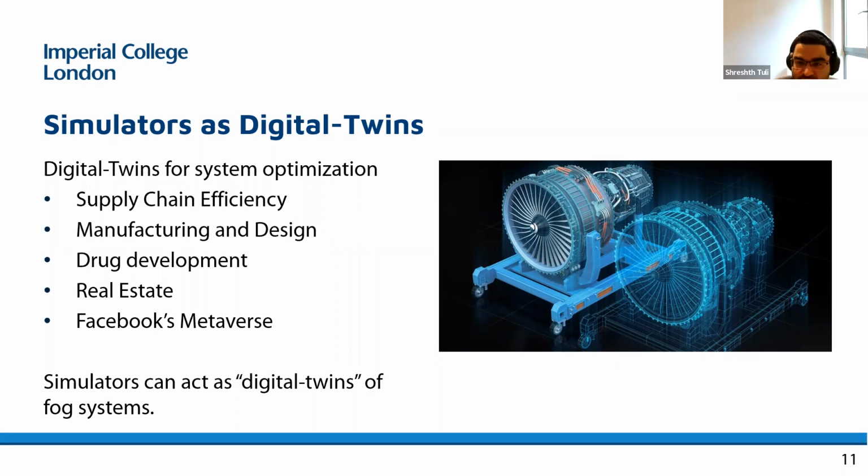These might range from cyber-physical digital twins used for optimizing efficiency of supply chains, optimal design and manufacturing of cars and aeronautical vehicles, drug development, drug discovery, or even space optimization in the context of real estate. Or these might be cyber digital twins, such as Facebook's metaverse. However, there is still limited use of this insight in performance engineering and resource optimization in distributed computational systems.